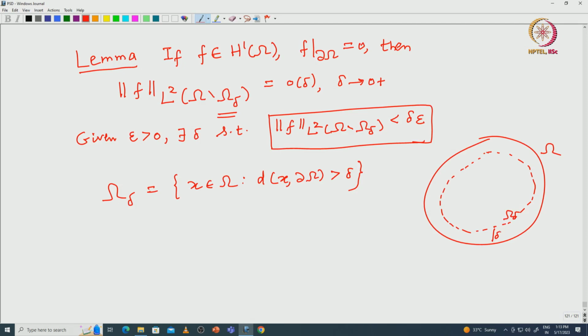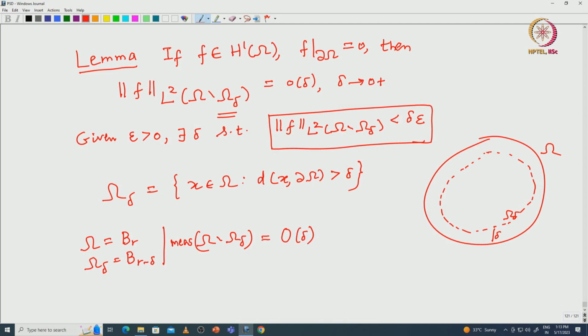If you take Ω a ball of radius r and Ω_δ a ball with radius r minus delta, then the measure, or volume, of Ω minus Ω_δ is of order delta.